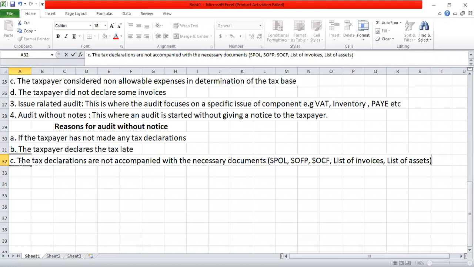So if a taxpayer makes a declaration and does not attach these necessary documents, in that case, an audit without notice can be conducted.